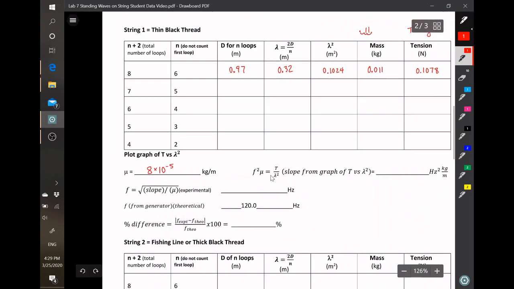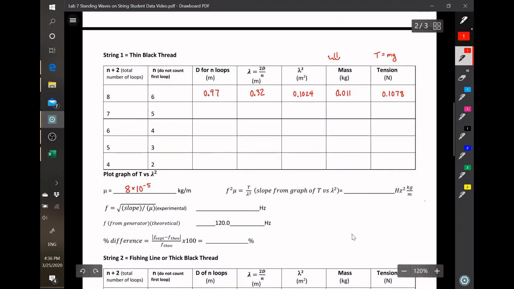Okay, so let's talk about the graph real quick. Once you've watched through the entire experiment and you've recorded all the values in this table, you're going to make a plot with tension on the y-axis and lambda squared on the x-axis. Now, you can do this in basically whatever program you want to use. If you want to use Excel, you can use Excel.